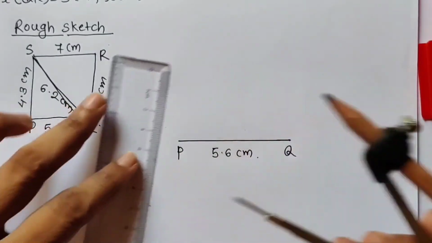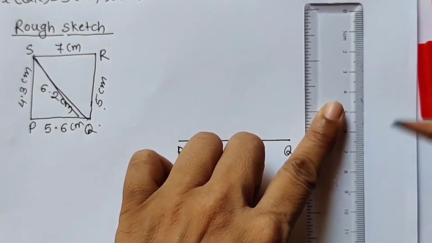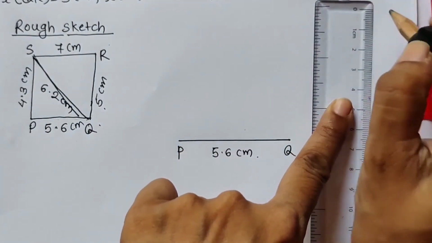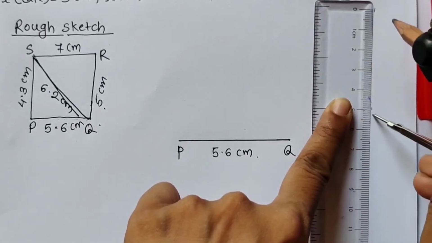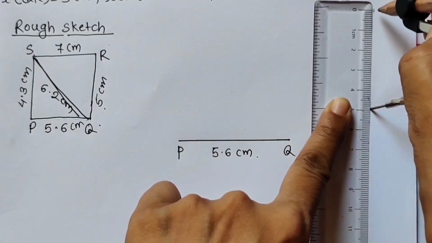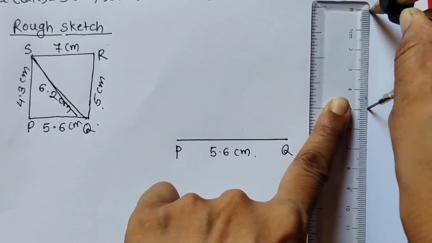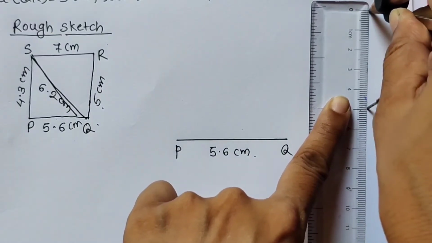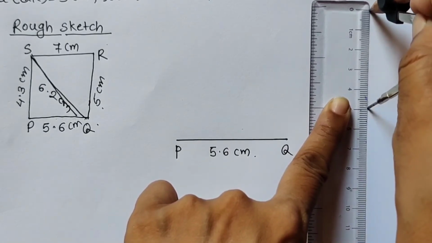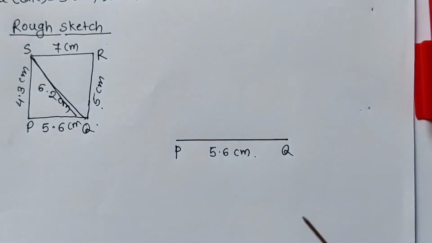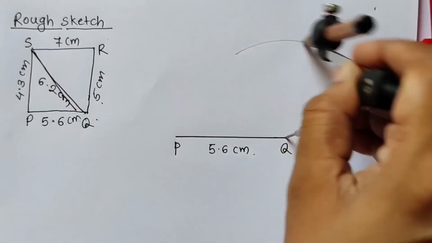Either you can directly take it from the scale, or you can put a point at 0, a second point at 5, and then take the distance in your compass. Many of you call it a rounder also. So in this rounder or compass, we have to take 5 centimeter distance, put this point at Q and draw an arc.